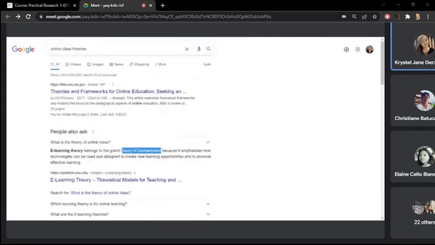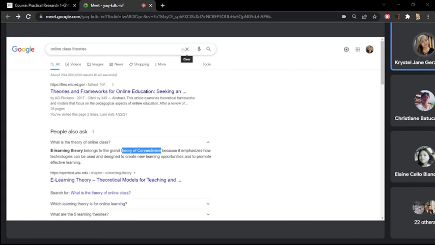Then you can also go to your related literature and related studies and see what theories they used there, because basically they are related to yours, so you have the same topic. So you can adopt the theories they used to discuss the topic. You just have to be resourceful.